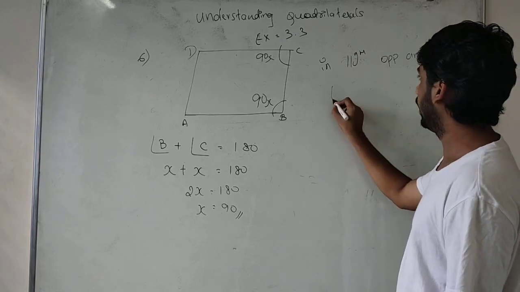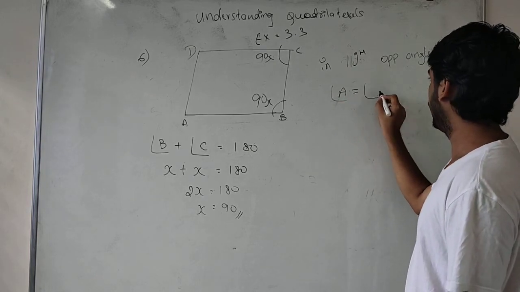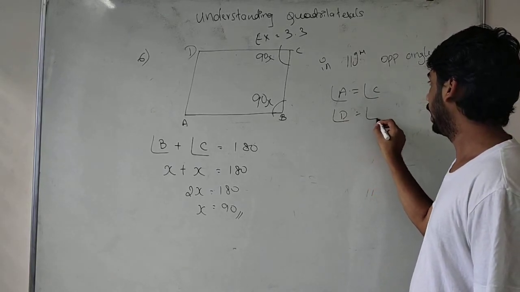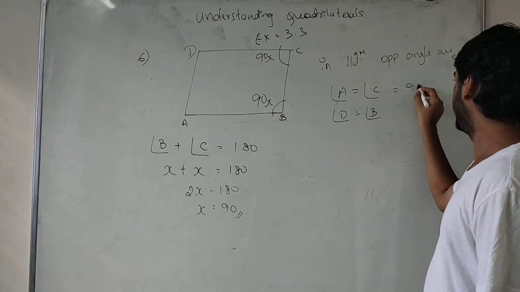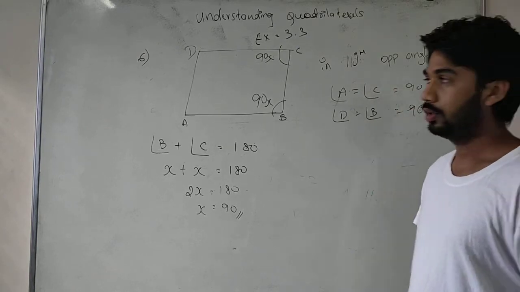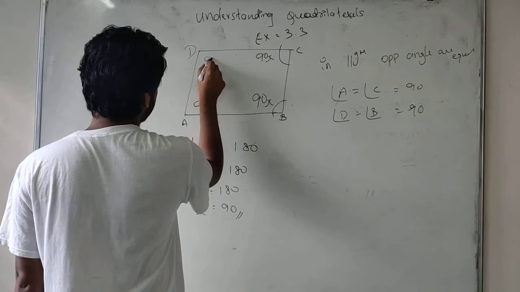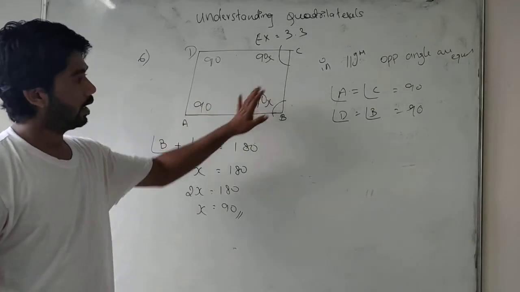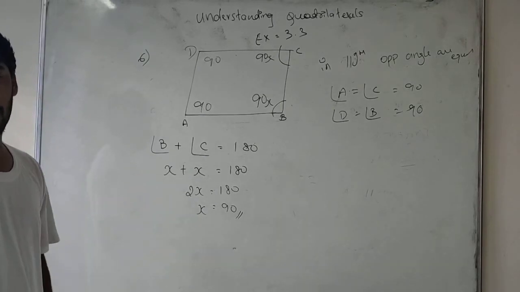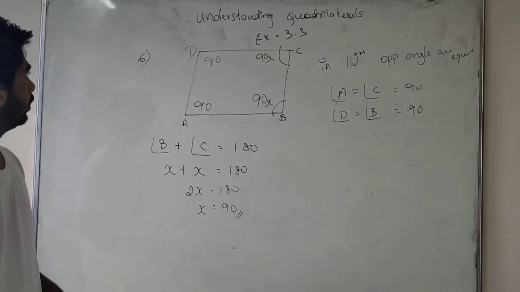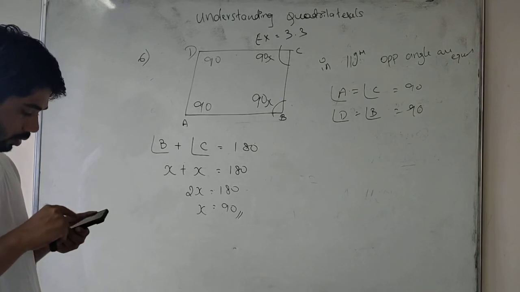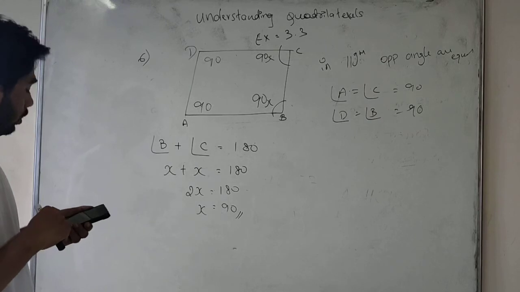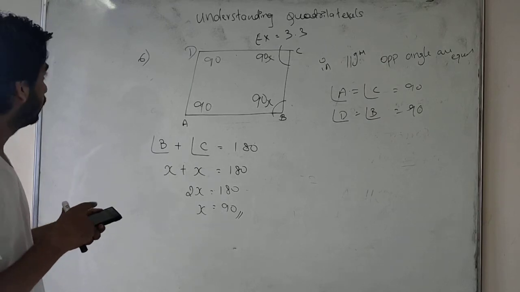So I can say that angle A is equal to angle C and angle D is equal to angle B. So each will be 90 degrees. So students, here we find that all the angles are 90 degrees. In this way, we have to solve this problem. Okay, students, got it? Note it down.